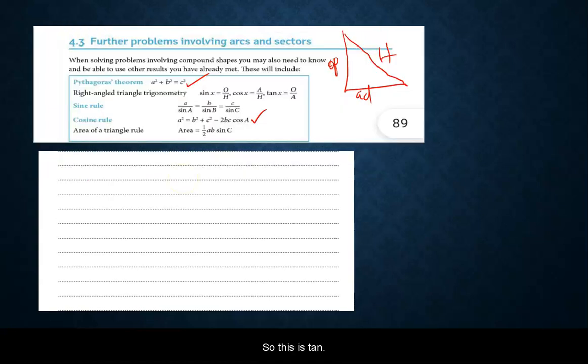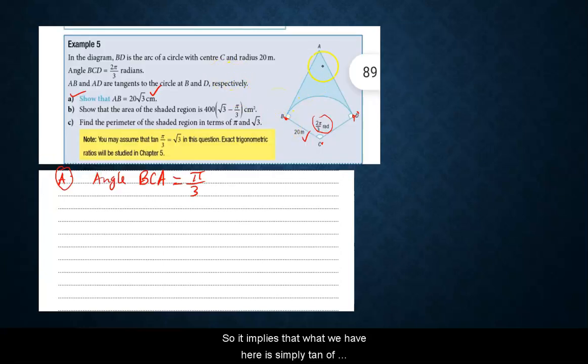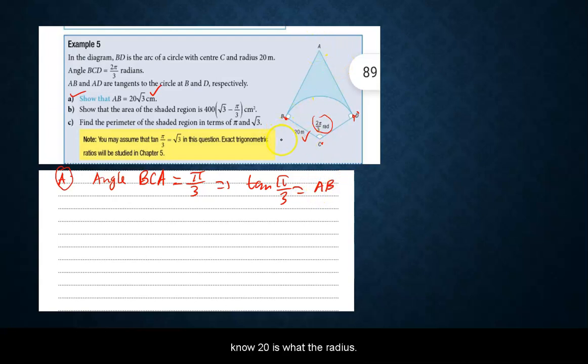So it implies that we have tan of pi over 3 equal to AB divided by 20, and we know 20 is the radius.